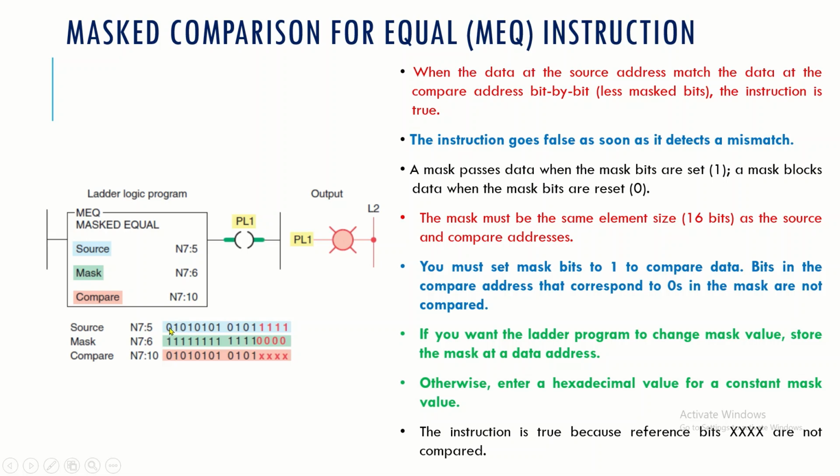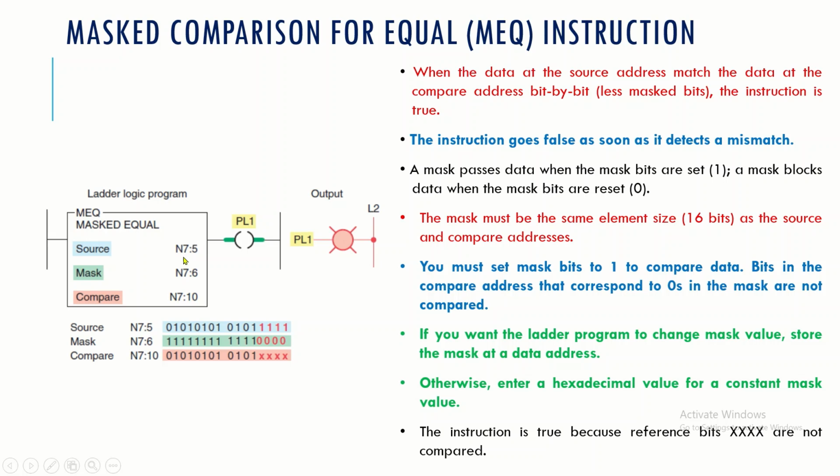This 0, 0, they are same, 1, 1, they are same, 0, 0, they are same, like that. It compares bit by bit, the data at source and the data at compare. Whenever you insert this MEQ block, this source, mask and compare will be written inside the block by default.